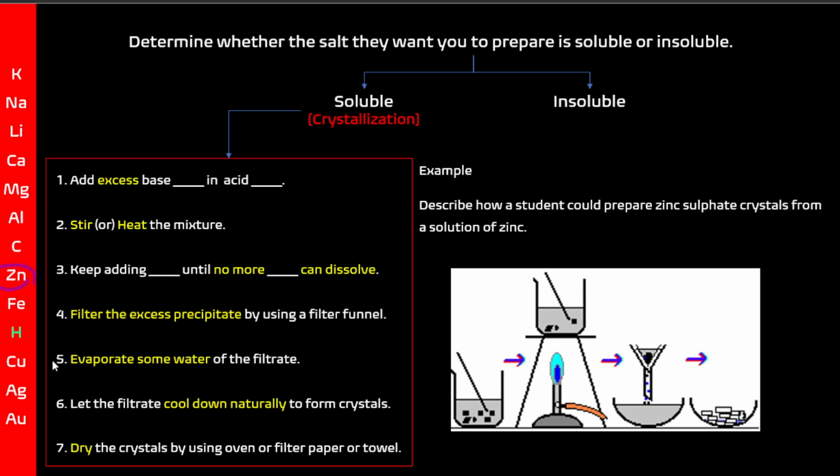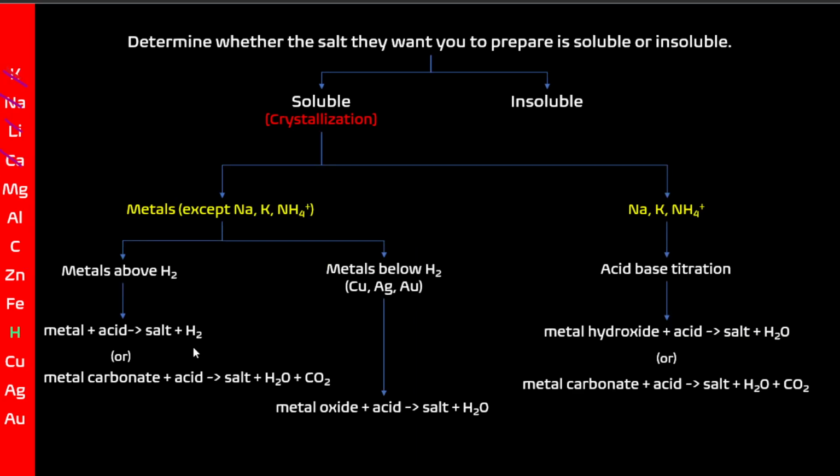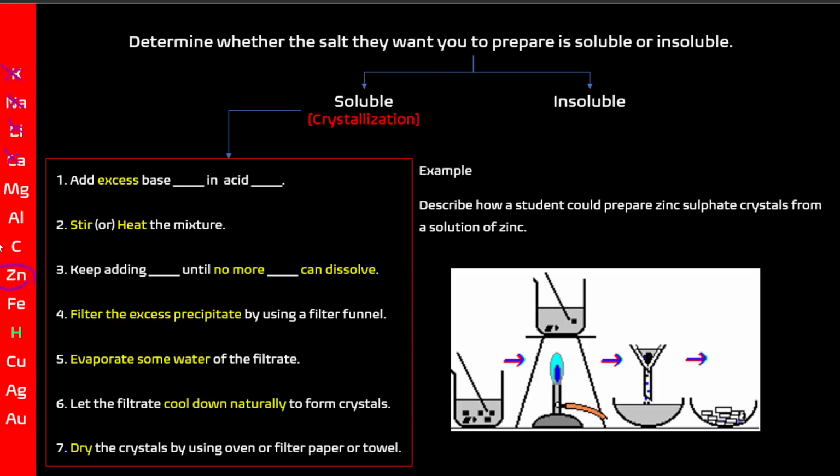You know that it is above hydrogen, which is not potassium, sodium, lithium, or calcium, so you can use this equation: metal plus acid reacts to give salt plus hydrogen. It would be helpful in the exam to write down a very quick equation, but this time we don't need an equation, so we can just follow it.